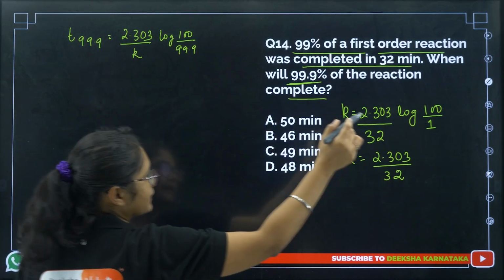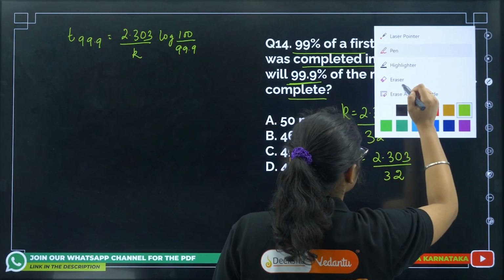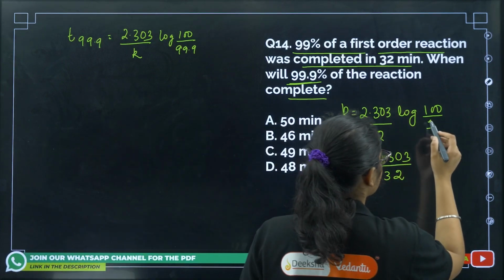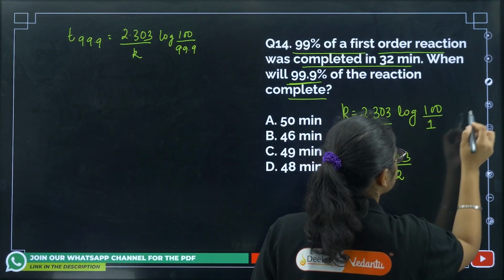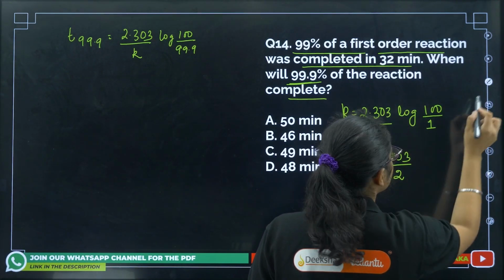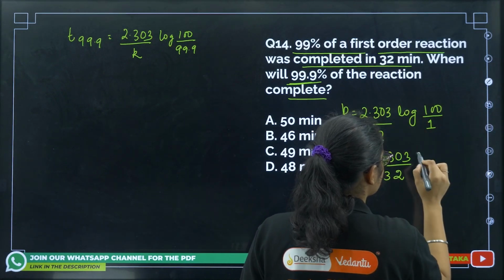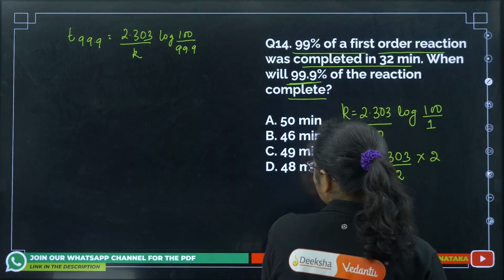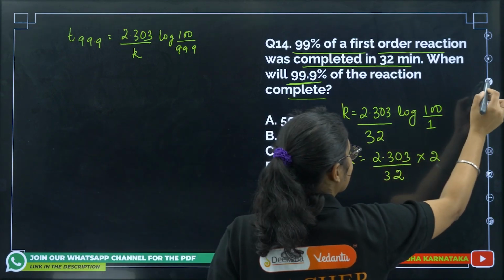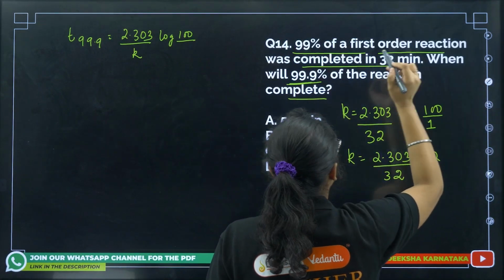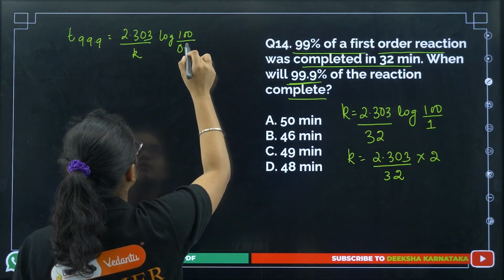Sorry, one second. Okay, here 2 will be there, right? So this is log 100, that means 10 to the power of 2. So I'll get 2 here. Now 99.9% is completed. That means how much is remaining? 0.1 is remaining, right?